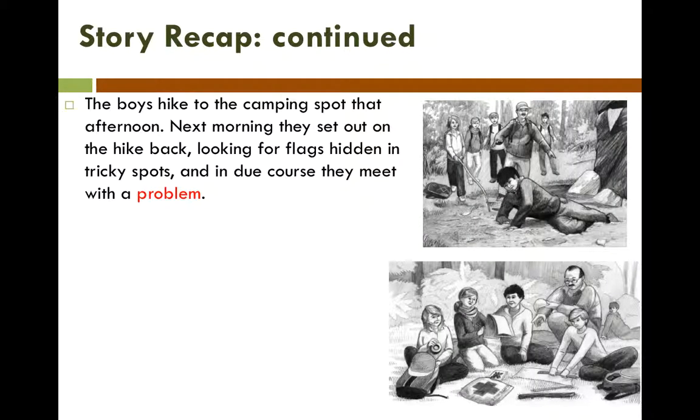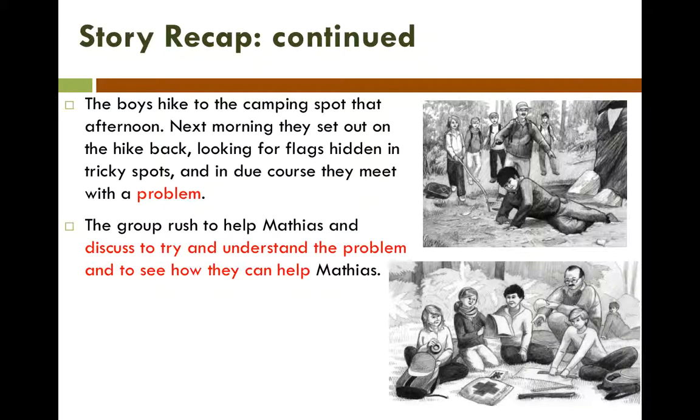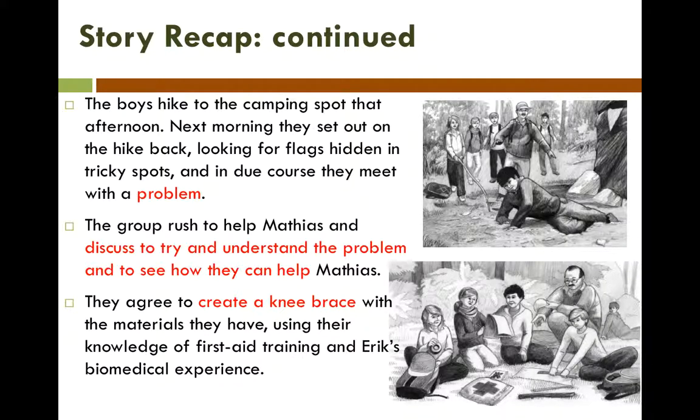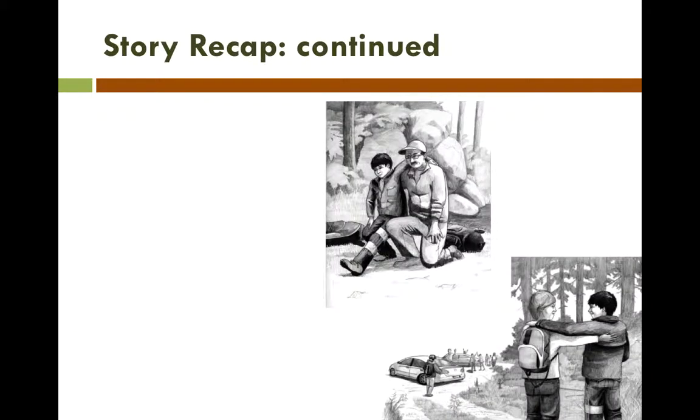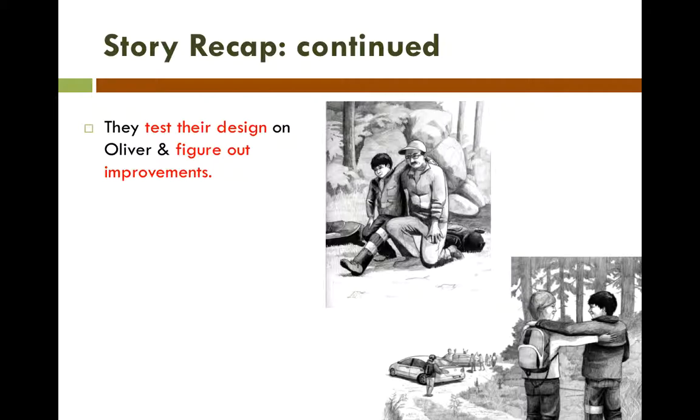And what happens is that they start playing a game. As part of the game, they have an injury for Matthias, and they have to help Matthias get a knee brace on. Eric starts using his design process, works in a team, creates the knee brace, and they test their design first on a kid who's not hurt, because you don't want to test it on the kid who's already hurt.